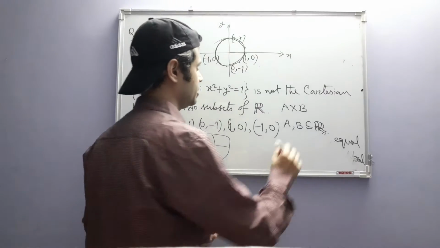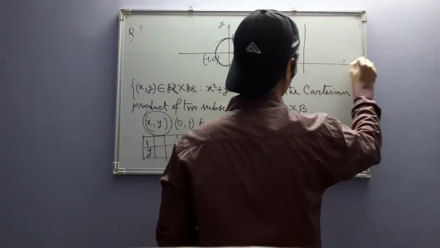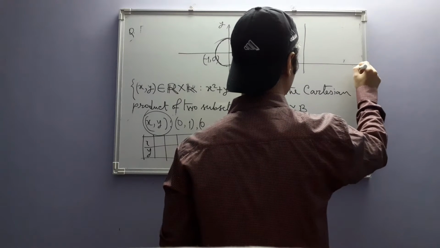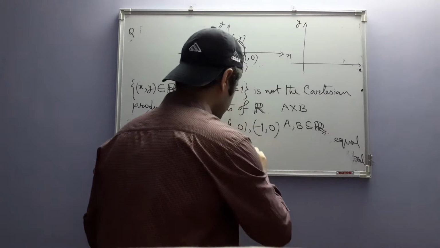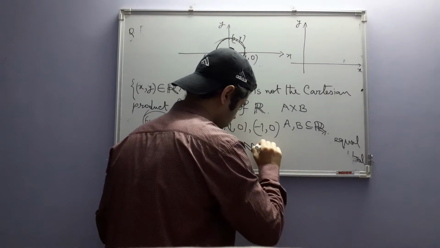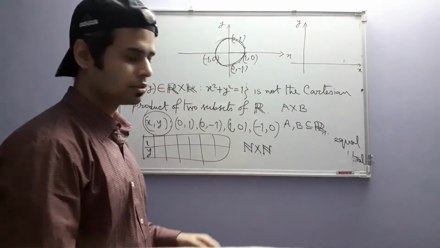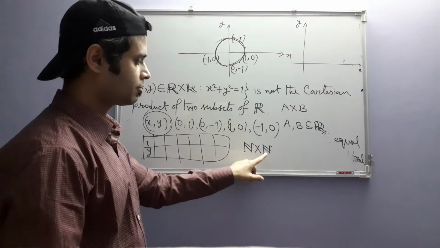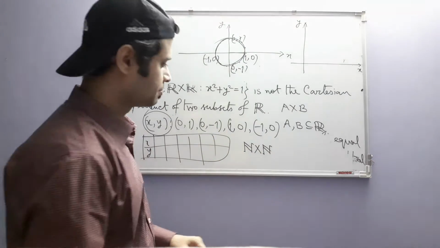let me show it here. X, Y. If I consider this set, what is N? For us, remember, N is the set of natural numbers where 0 is also included.